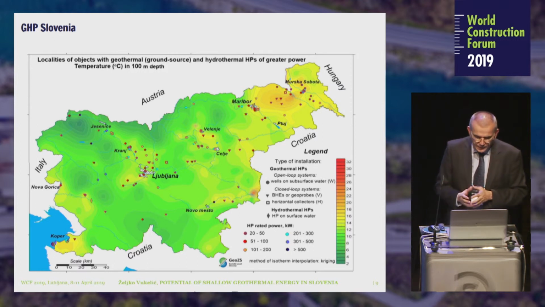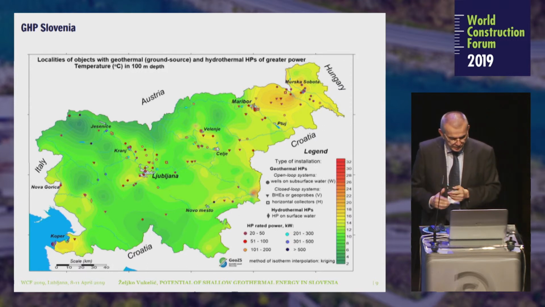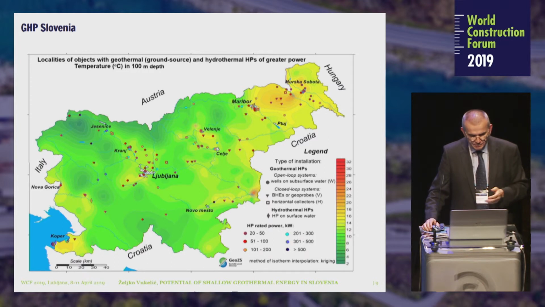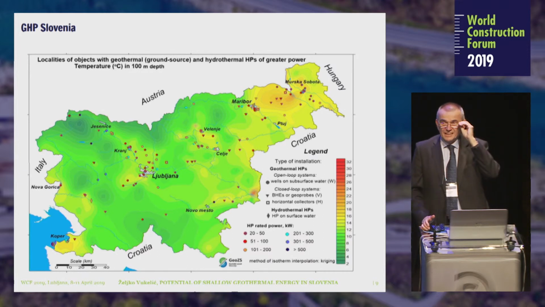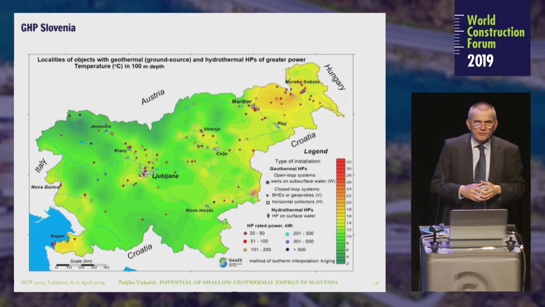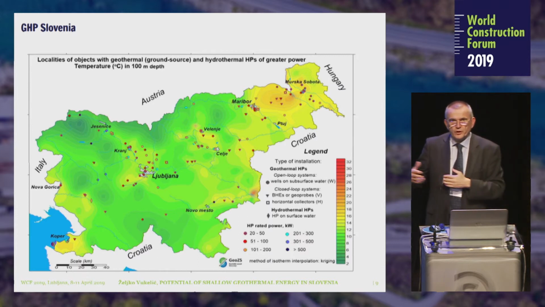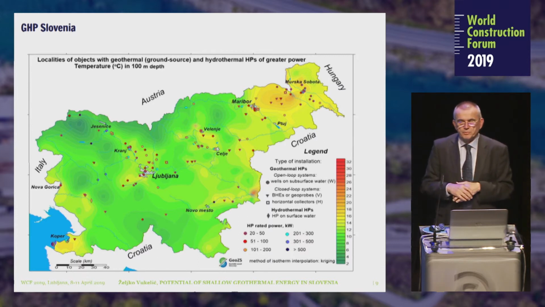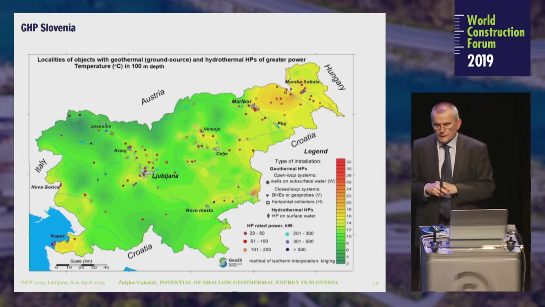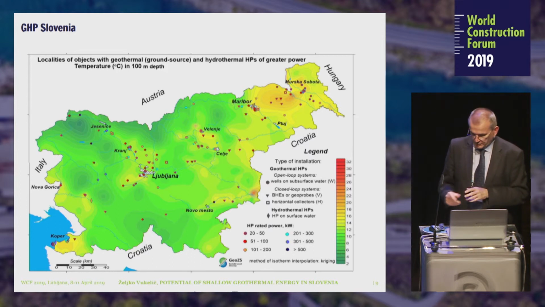Is it an open loop system or a closed loop system? So here near this is part of our Adriatic Sea. They are also using the open loop system from the sea. So if you are living near a lake, it's also a possibility that you use an open loop system.